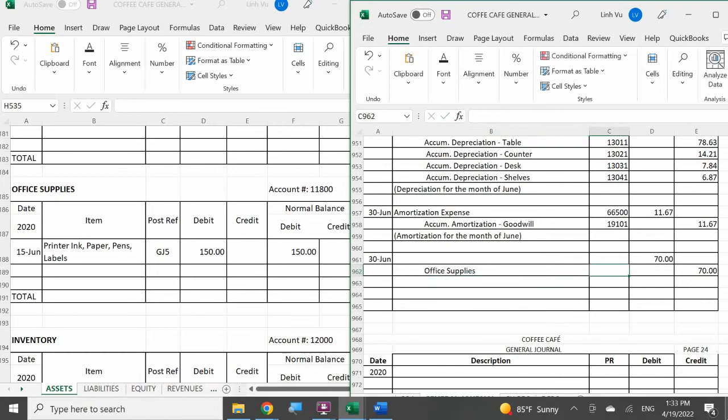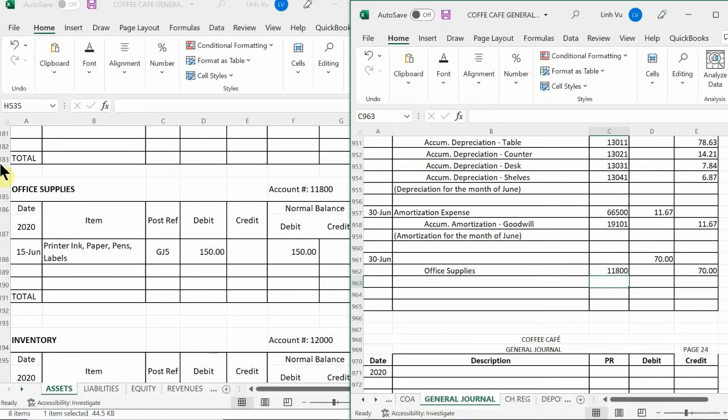But when I adjust my office supplies to decrease my account, what account do I need to use to represent that I got rid of it? What type of account represents using, getting rid of, spending?